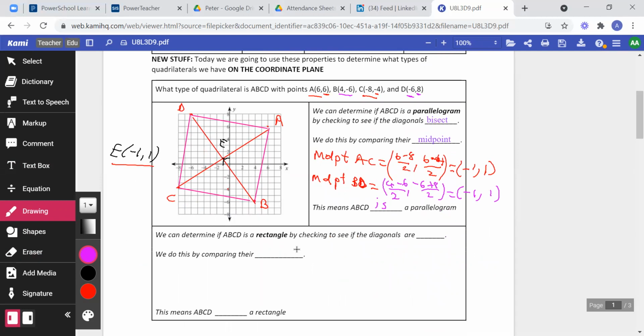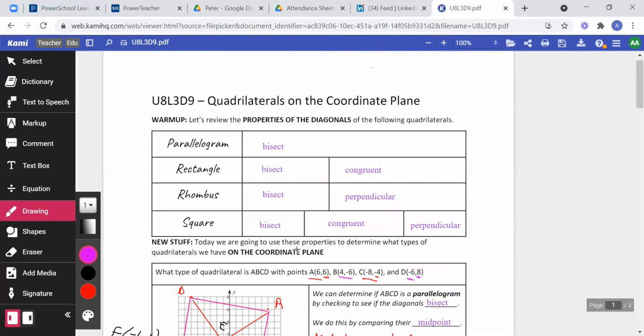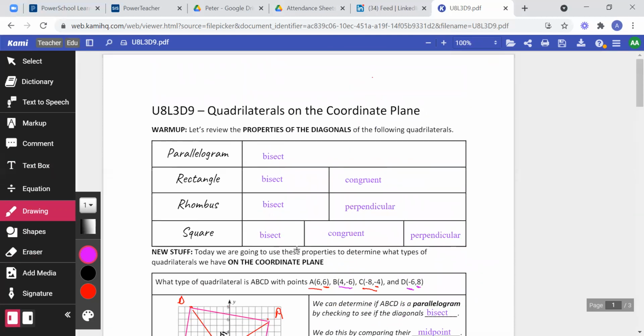And since this quadrilateral is a parallelogram, what next can we verify? We can verify if this is a rhombus or a rectangle. To verify if it's a rectangle, what do we need to check? The attribute of the diagonals of a rectangle, we said they bisect each other.